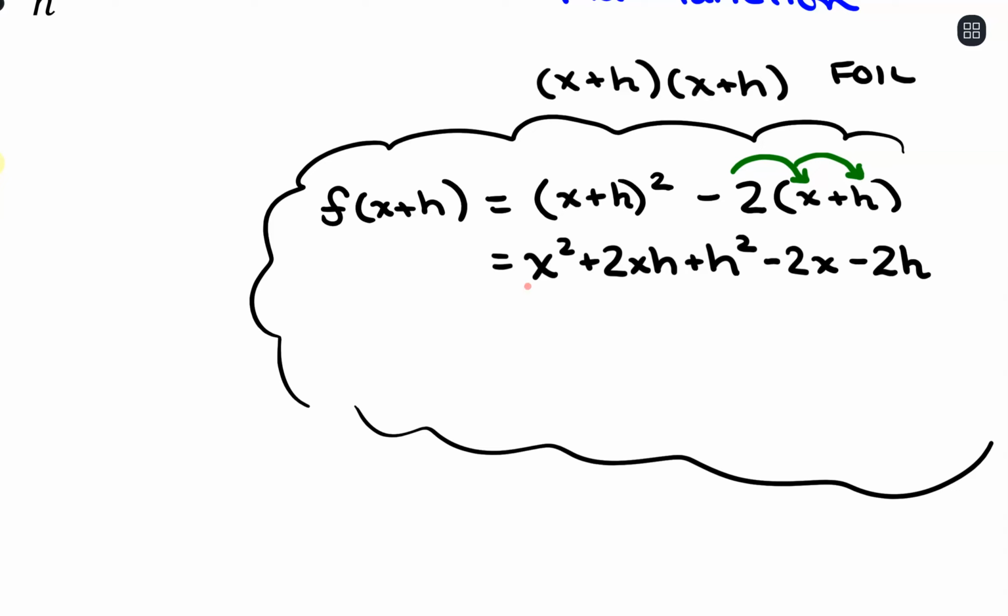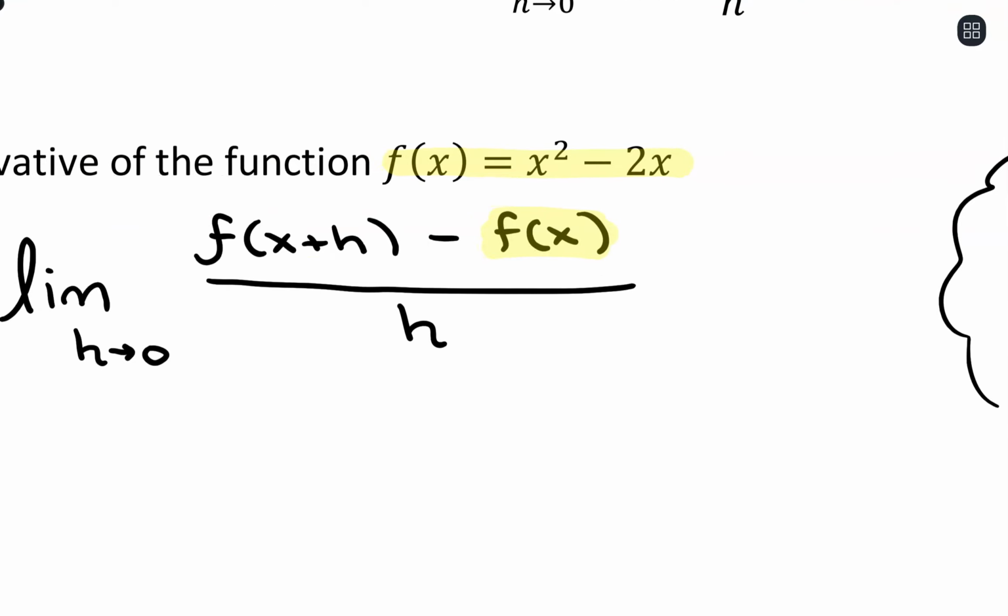Then we just want to see if we have any like terms here, but we don't have anything. There aren't any terms here where the variables and exponents match up. So this is just going to stay this big expression, x squared plus 2xh plus h squared minus 2x minus 2h. So we're going to take all of that and plug it in for f of x plus h here.